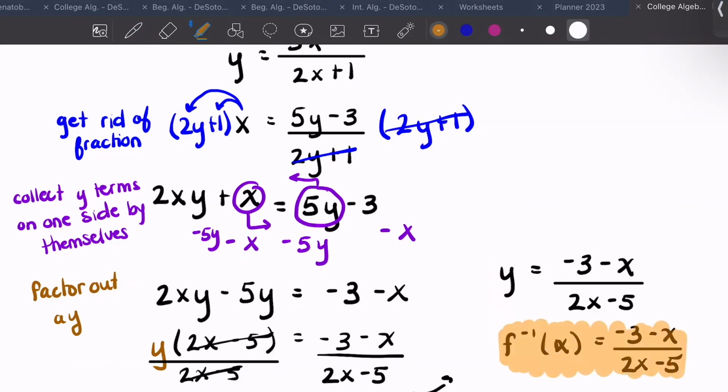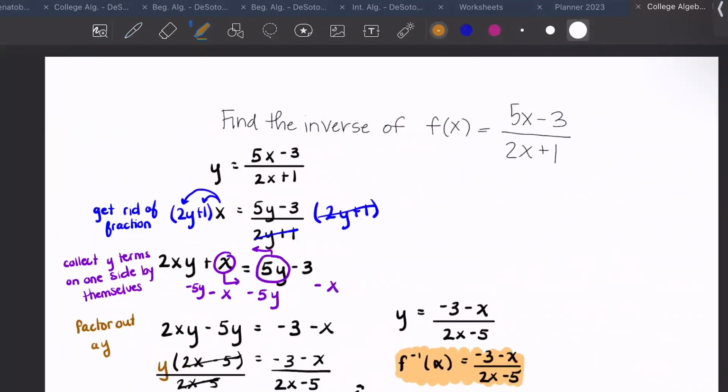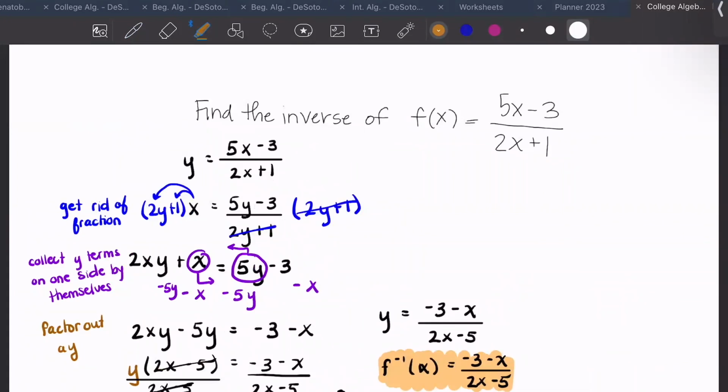Okay, that's your answer. So here's what we did. We had a fraction. We did our first 2 steps normally. We replaced f of x with y, and then we interchanged our x's and our y's. Then you're going to multiply both sides by whatever your denominator is. That gets rid of our fraction. You're going to distribute your x through and get this line.